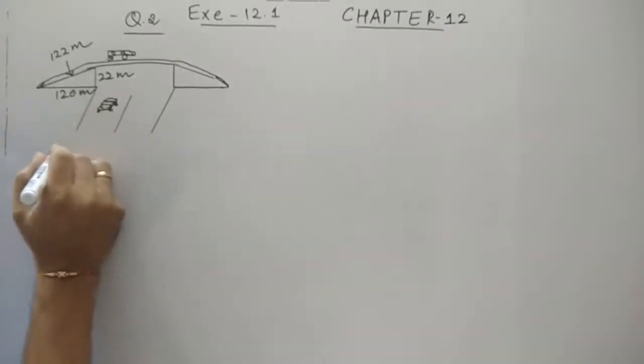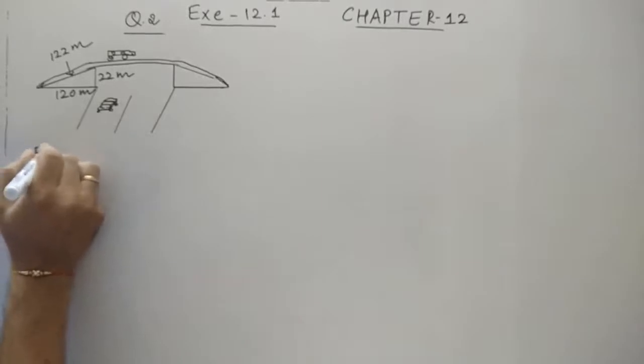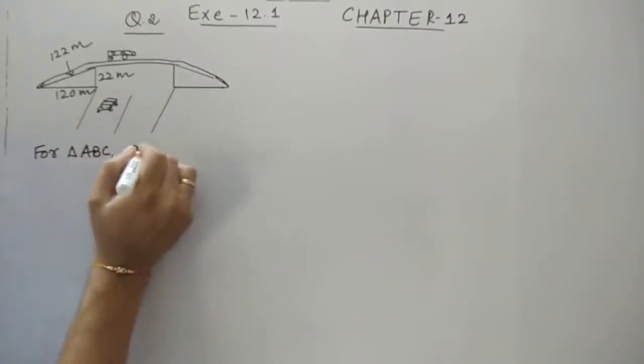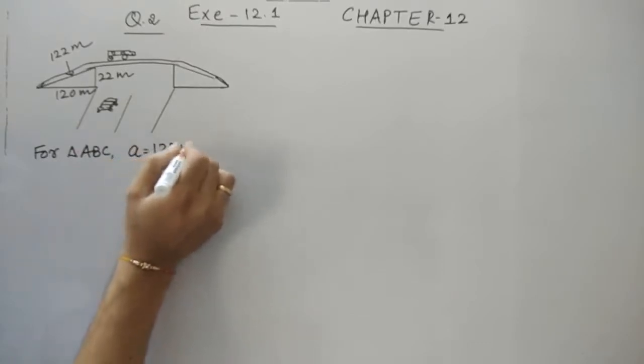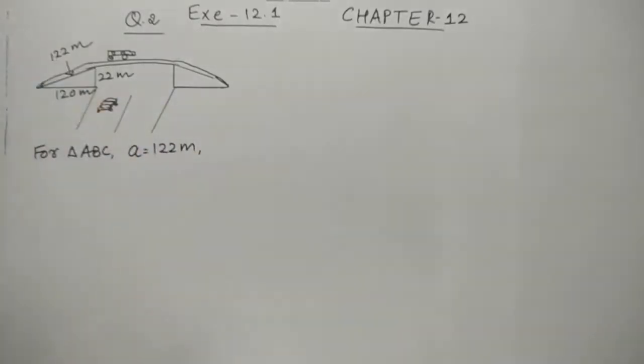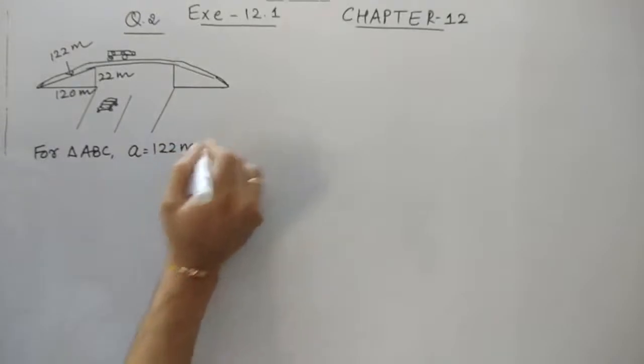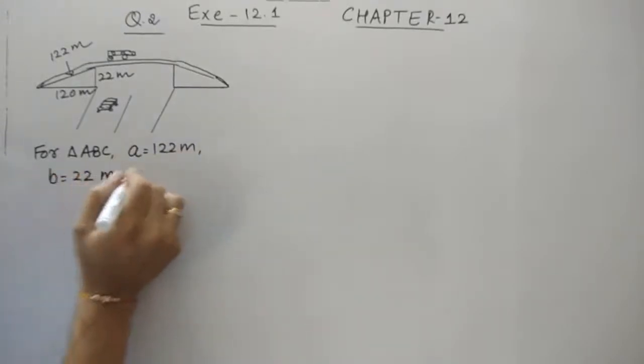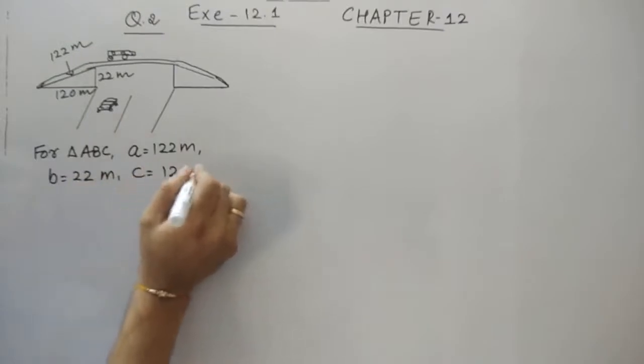Let's consider that this triangle is ABC. For triangle ABC, the value of A is 122 meter. We can take any side as A, it doesn't matter. The value of B is 22 and the value of C is 120.